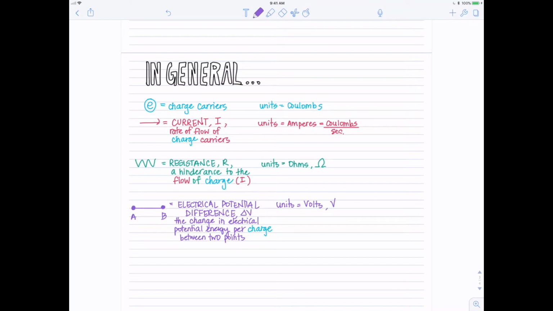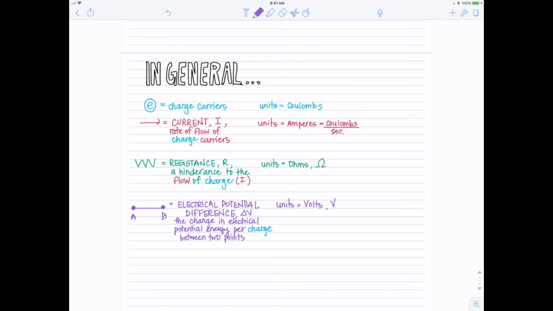And finally, arguably one of the most important parts of our circuit, without which we would not have current, is the electrical potential difference, represented to us by delta V. It is the change in electrical potential energy per charge between 2 points.